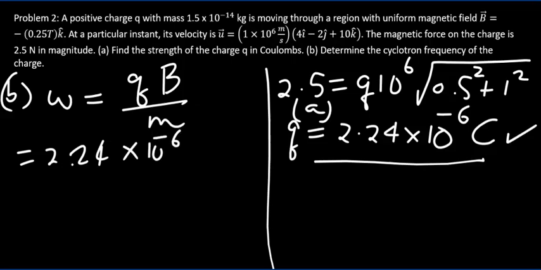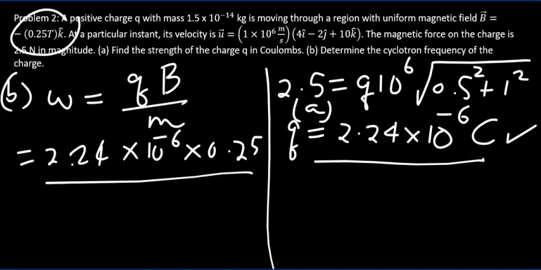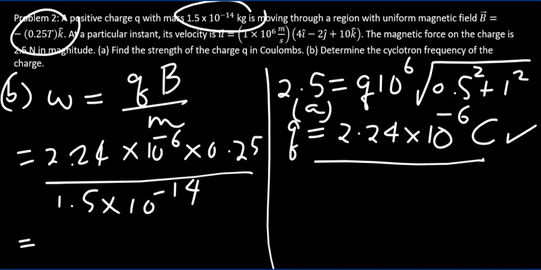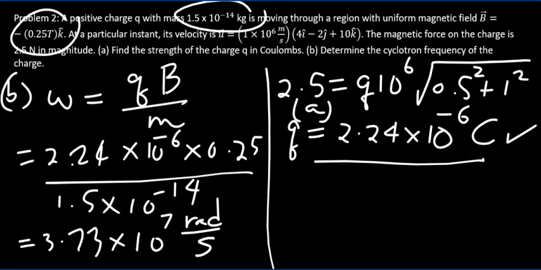That is what we have determined in part A. The magnitude of the magnetic field is given by that expression, 0.25 Tesla, and the mass of the particle is given there, which is 1.5 times 10 to the power minus 14 kg, and it will give you an answer of 3.73 times 10 to the power 7 radian per second. And that solves the problem.